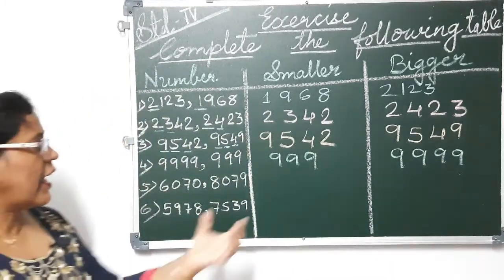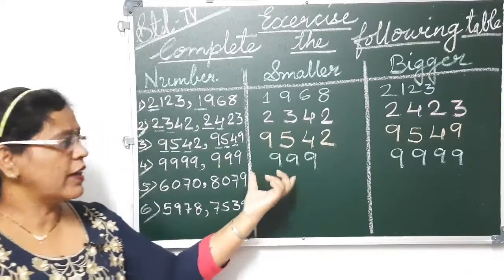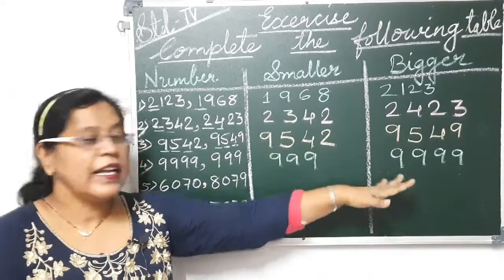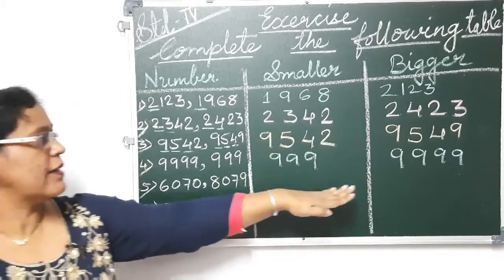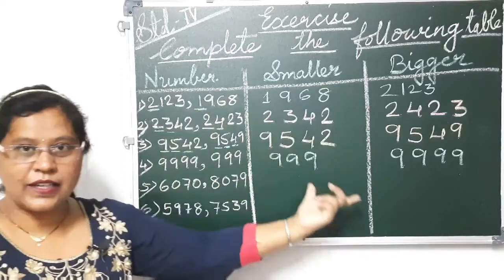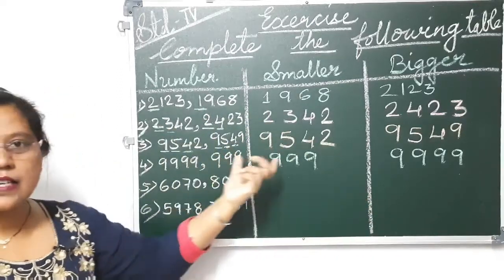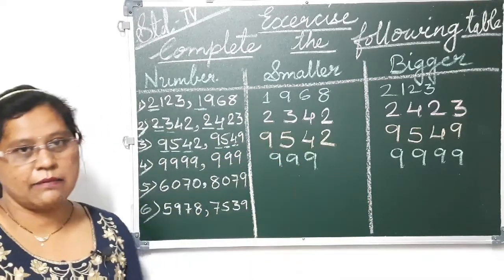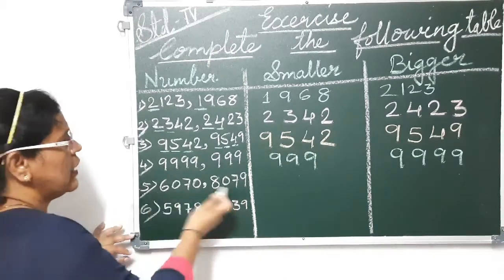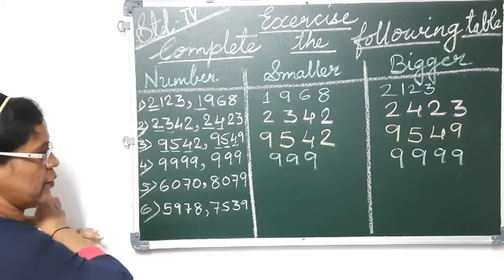So 999 is a smaller number and 9999 is the greatest number. It's a bigger number. So from the given numbers, the 4-digit number is always bigger and the 3-digit number is smaller. Understood? Yes. Now the fifth sum, my dear students.